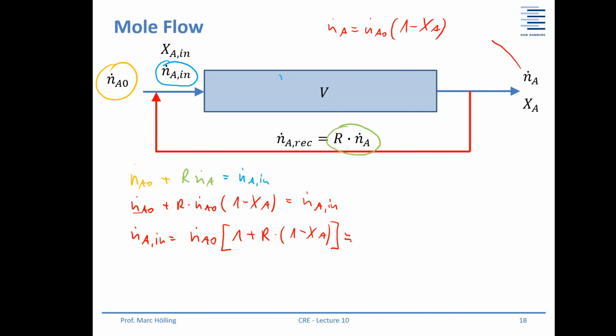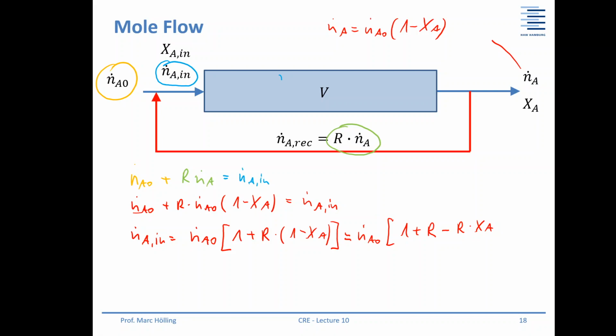Okay, now we will do something weird. We will just rewrite it. So N dot A0 times 1 plus R minus R times XA.